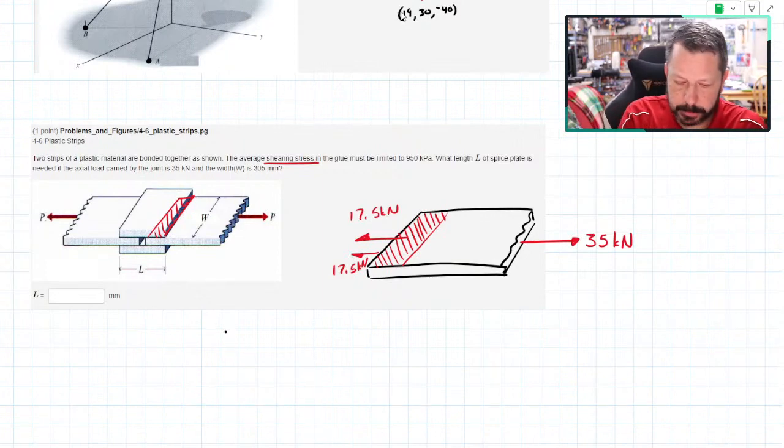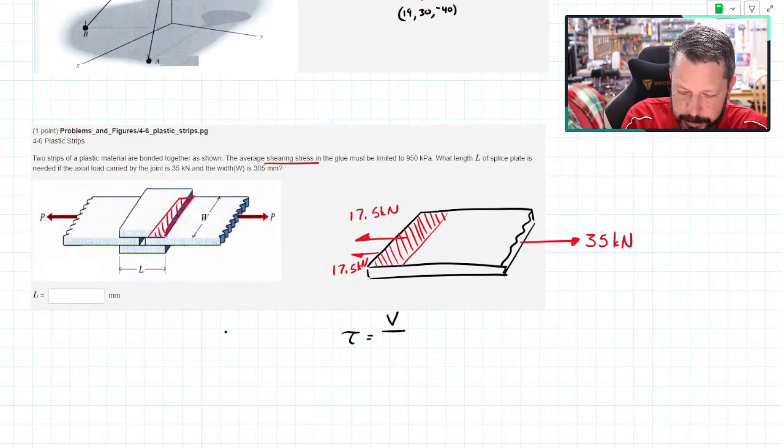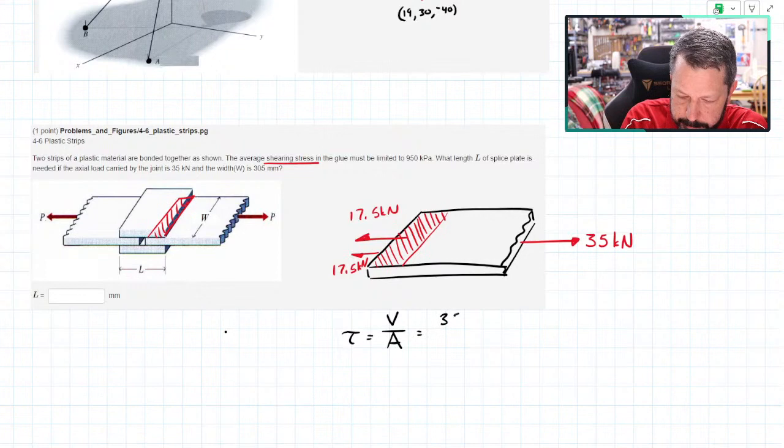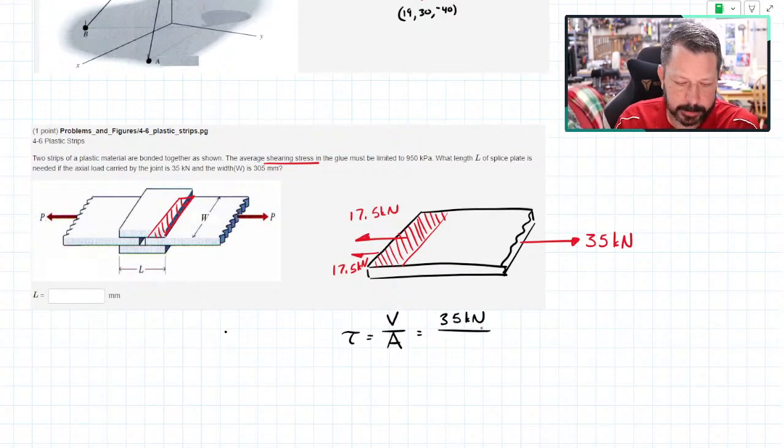So shear, remember we use tau, equals shear force over the shear area. Now we have a total shear force of 35 kilonewtons. We have an area of unknown, right?